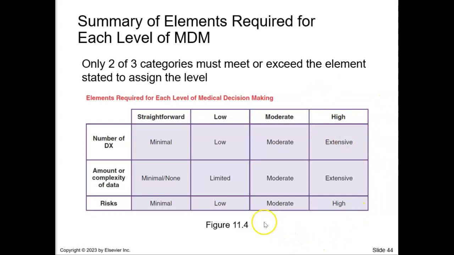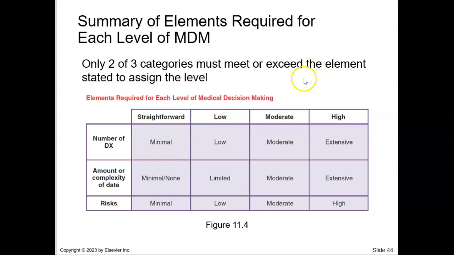Okay, so if I had a low number of diagnoses, limited amount of data, but a high risk, I can't go up, so my medical decision making is going to be low. All right, so again, 2 out of the 3 categories must meet or exceed the element.